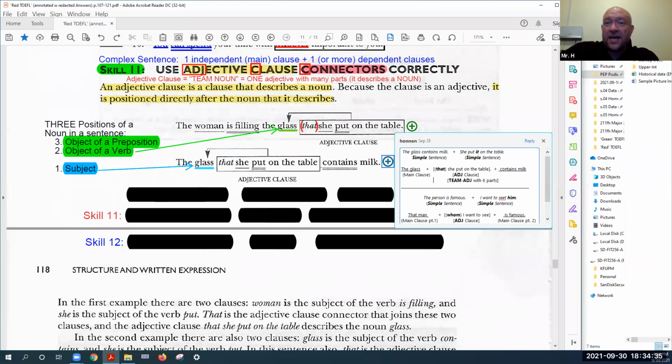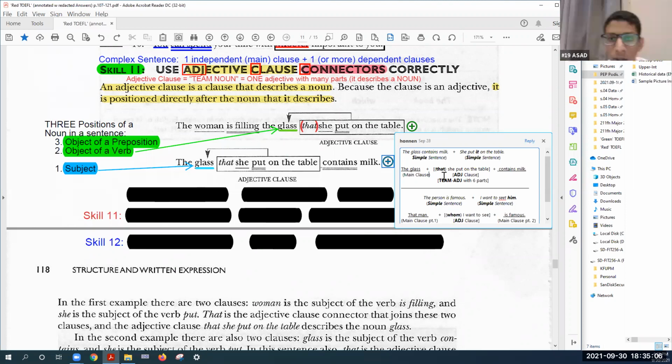So take a look at it now. You want to read that again, please? The glass that he put on the table contains milk. What does it describe? This clause describes the glass. So you have the glass first, and then you have contains milk. Now, what should I use here? Main clause.